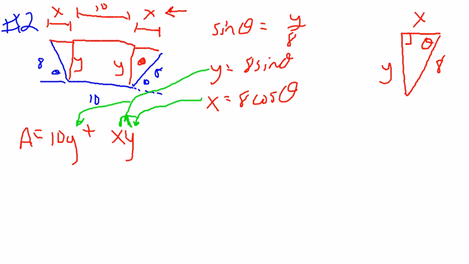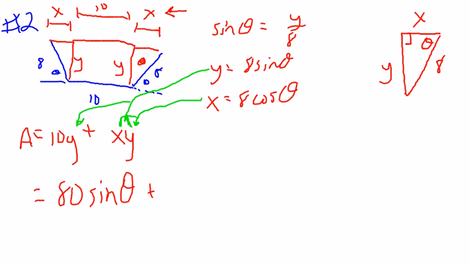So I'm going to get my area is equal to, I do 10 times y, which is 8 sine theta, so that gives me 80 sine of theta. Then I've got x times y, so x is 8 cosine, y is 8 sine. I'll show the actual work.